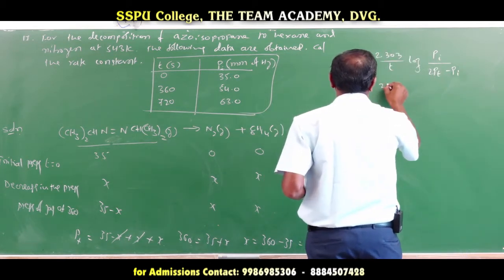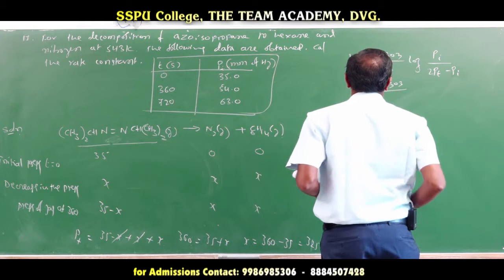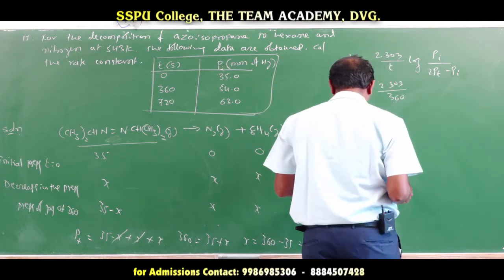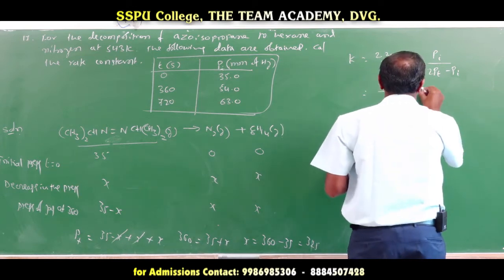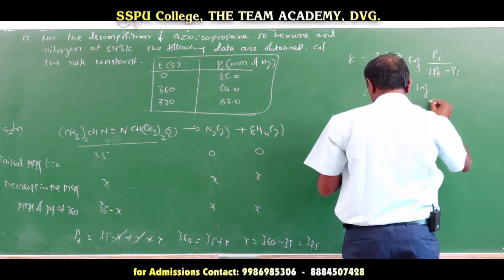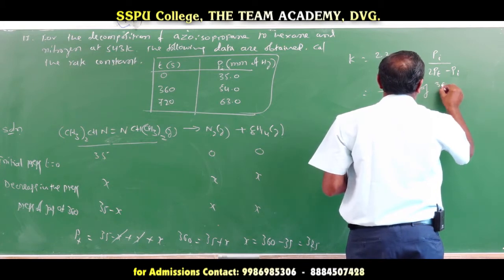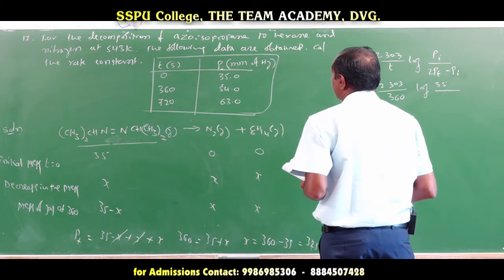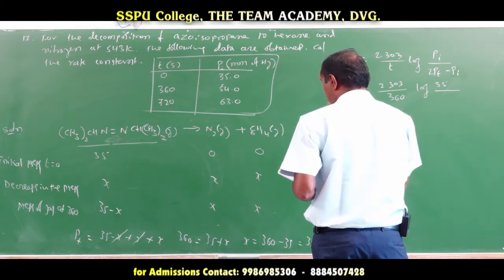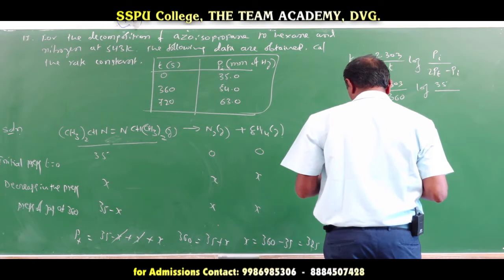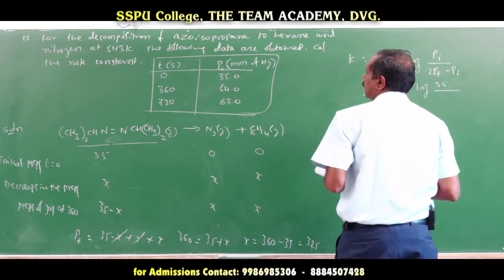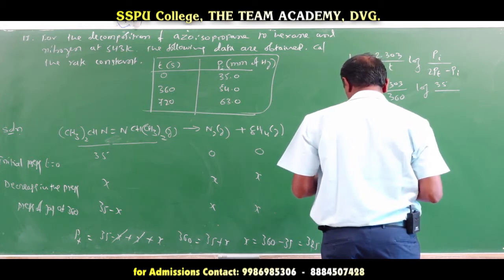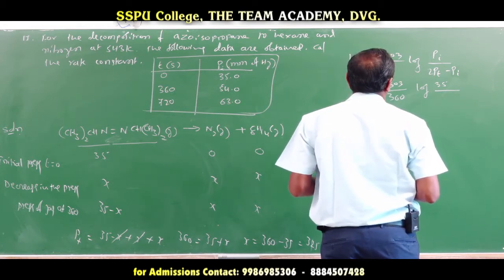So 2.303 by T, where time is 360. So log of, for the initial pressure, it becomes 35. 2 Pi minus PT, where PT is nothing but the total pressure. Total pressure can be calculated, that is 35 into 2 minus PT.